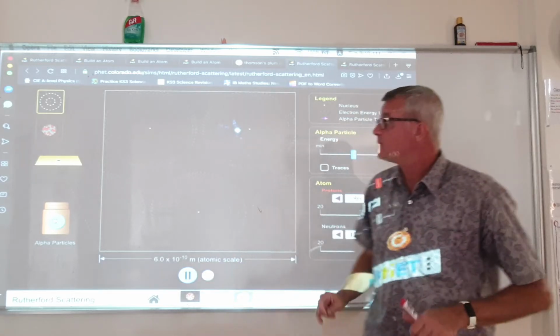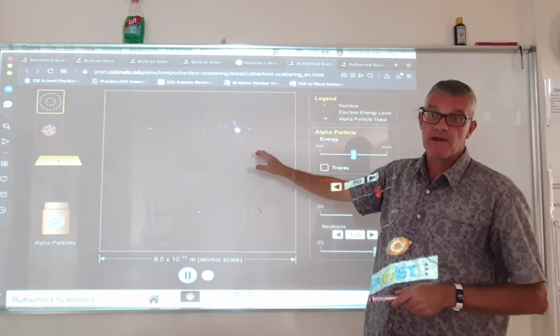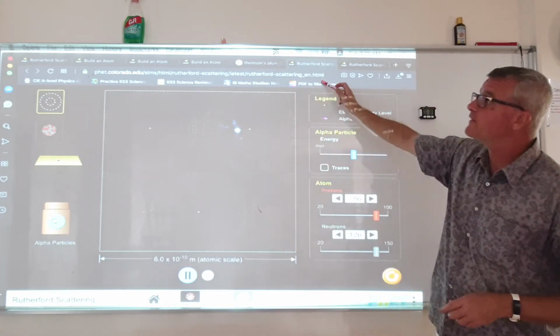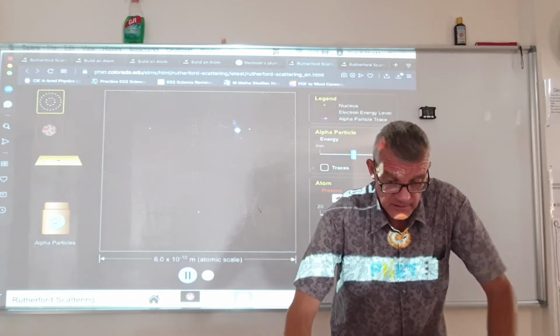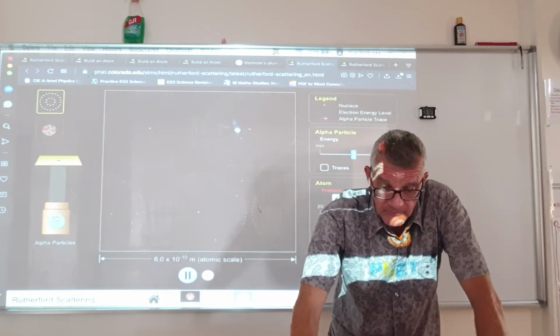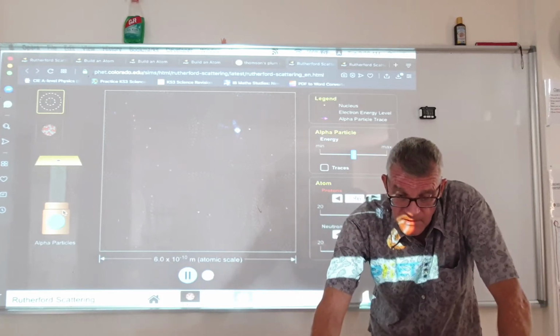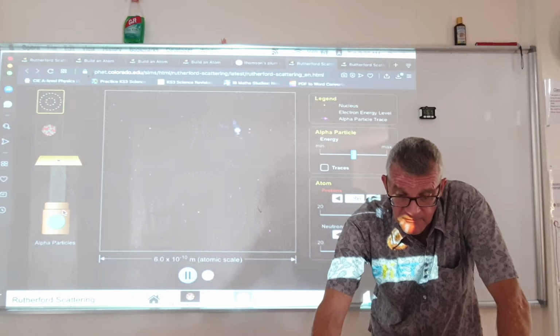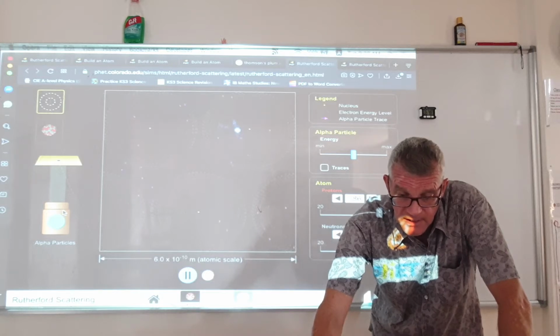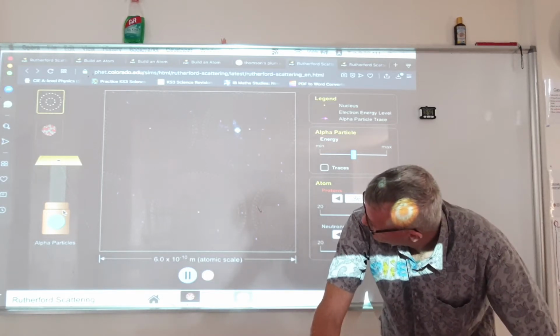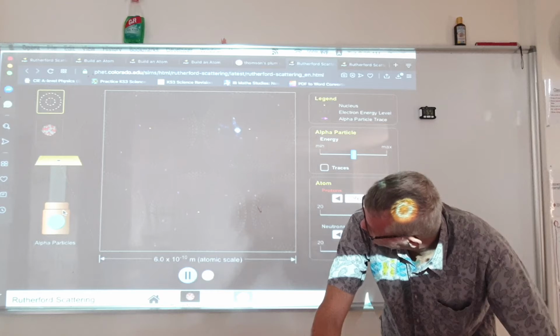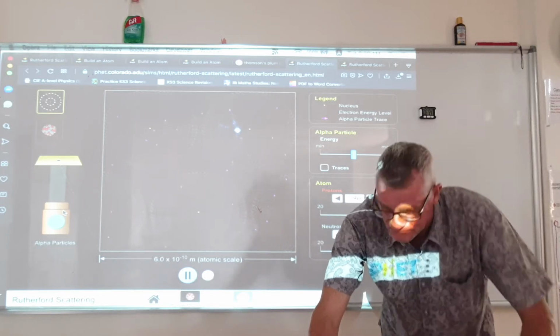You can look at this experiment, this applet, yourself. You go to PhET Colorado and you find this one. Now if we look closely, we see the particles that come very close are being scattered or even bouncing away. Okay?